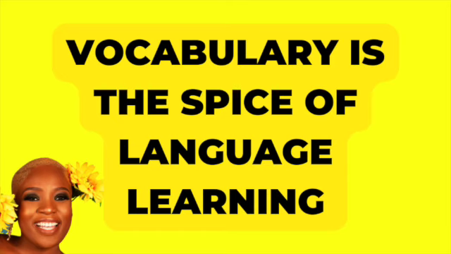The wider your vocabulary, the more words you know, the more confident you are in the language. Your grammar can be off, your structure can be off, all of this, but if you're able to use the right vocabulary, I think you'll be understood. Whatever you're trying to say will generally be understood.